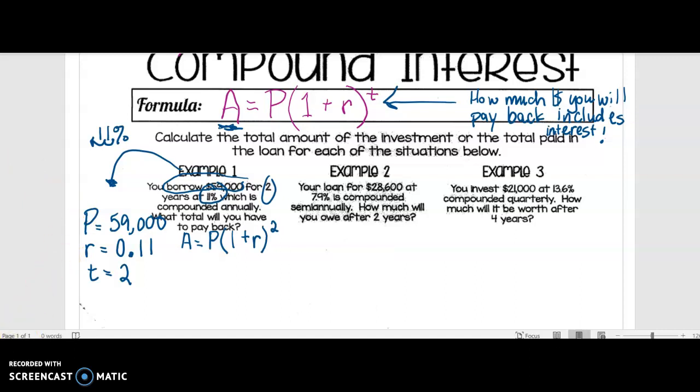Okay, so now you're going to input your amounts into Desmos because you don't want to try to do this by hand because it's going to be difficult. So your principal amount is 59,000. And then you can do this all on one line of Desmos, and I'll show you one in a moment. Let's see, 0.11, and then your exponent of 2.